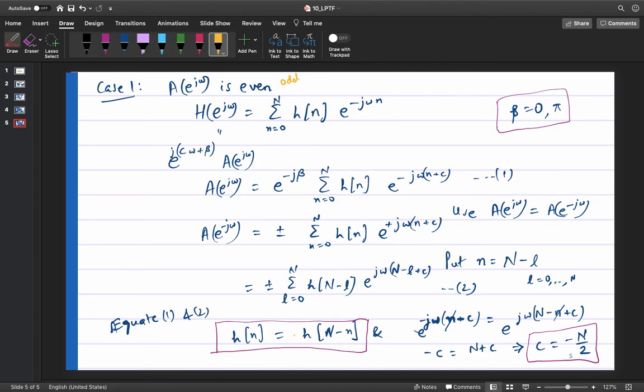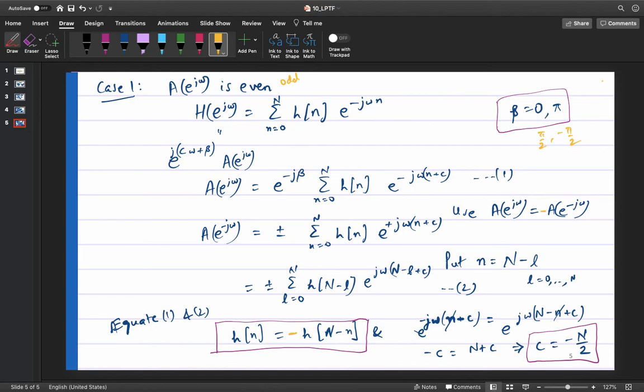So this will be negative, and this will be pi by 2 or minus pi by 2. Rest everything else remains same for the odd case. Okay, so these are two possible cases.